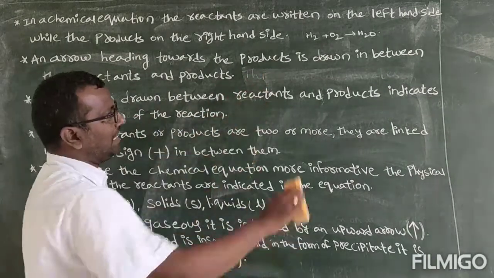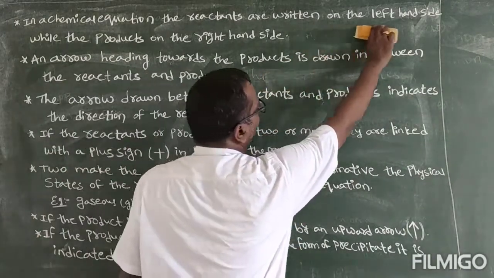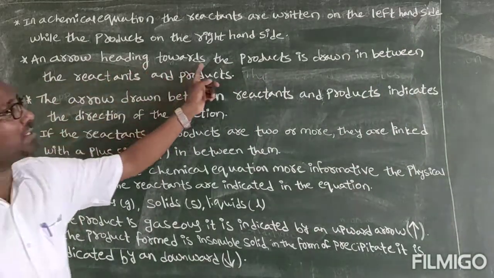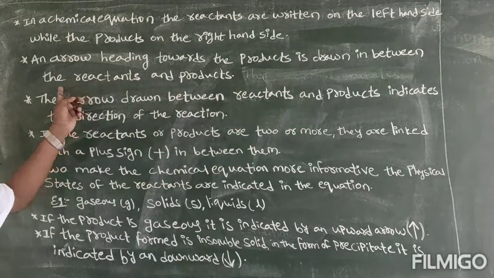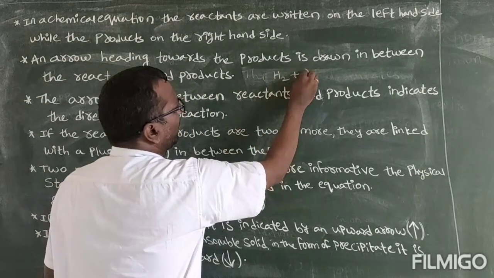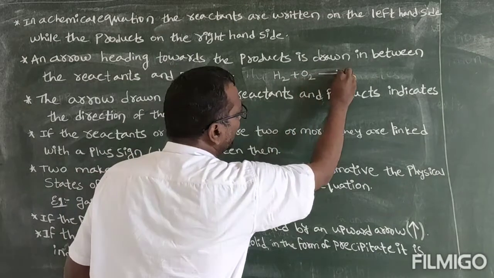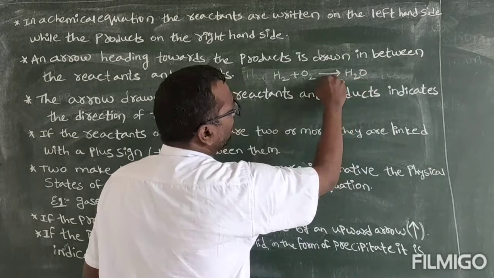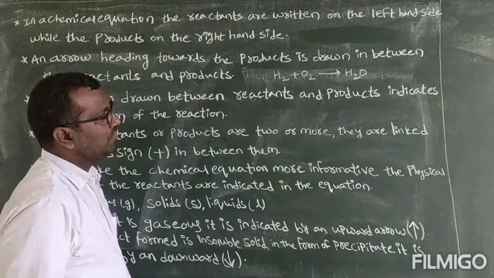Hydrogen and oxygen, and the products are H2O. Next, an arrow heading towards the product is drawn between the reactants and the products. See, hydrogen plus oxygen gives rise to H2O.